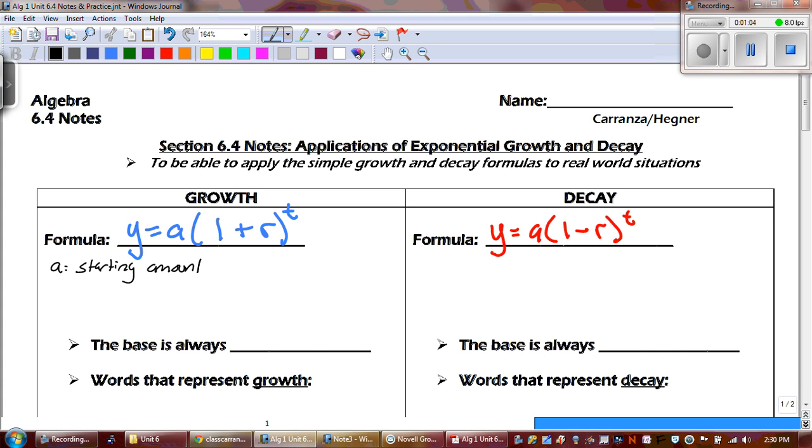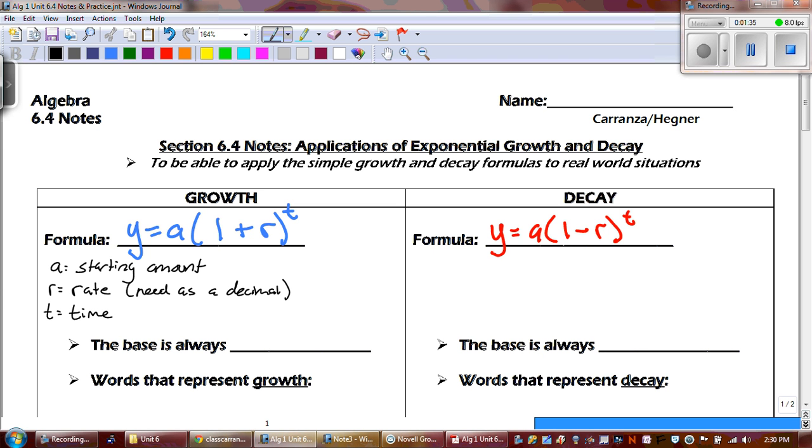It could be money, it could be people, bunnies, it could be tons of different things. Okay, we're talking about the application, so it's going to be a lot of word problems today. Okay, r equals the rate, and we need it as a decimal. Okay, and the t stands for time.